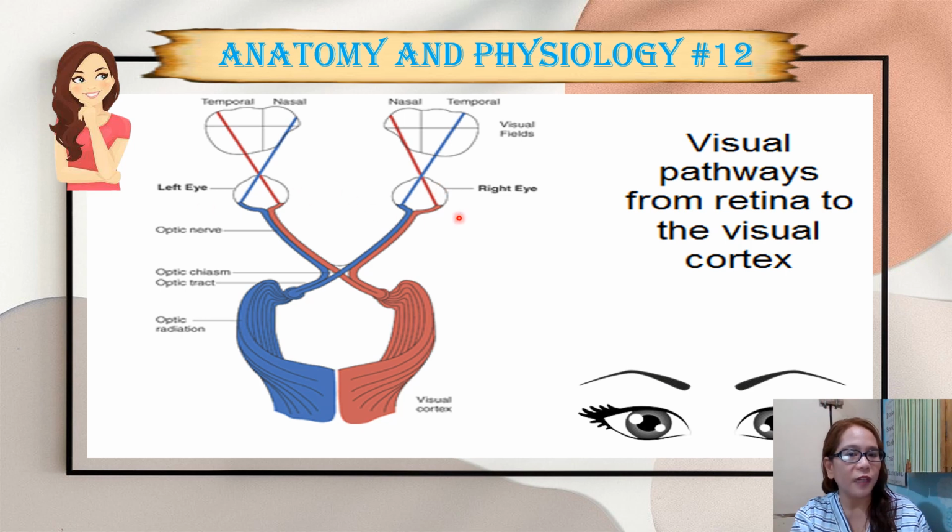Okay, ito yung left eye and the right eye. It is in the occipital lobe of the primary cerebral cortex of your brain, which is the most posterior region of the brain. Okay, so dyan siya pinaprocess.